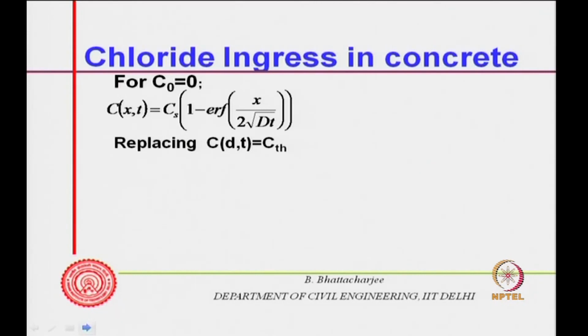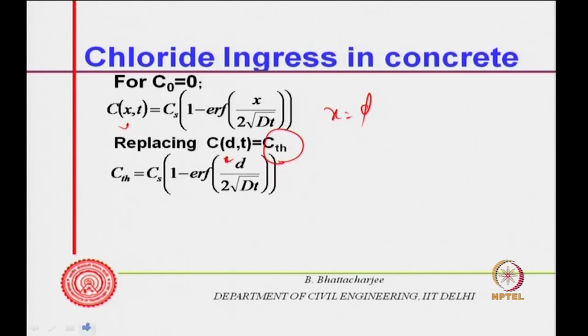Replacing C(x,t), at the cover depth it is the threshold. So, this C(x,t) I replace it by C TH, at x equals d, and at some time t, C equals C TH, where d is the cover depth. Then this t is the service life, this t is the service life.